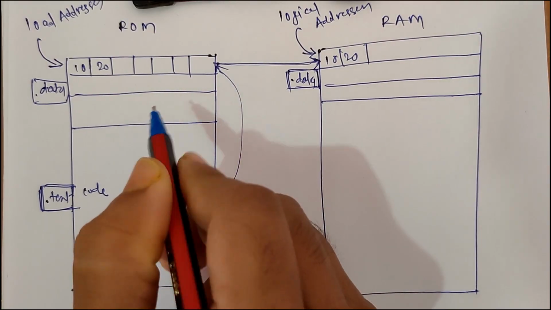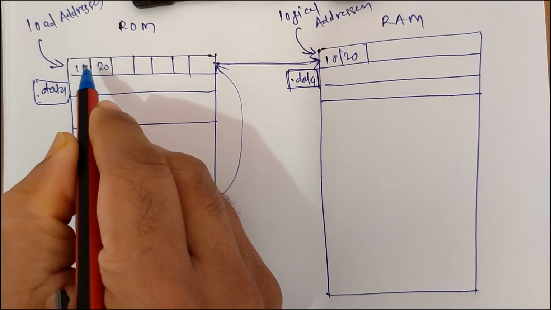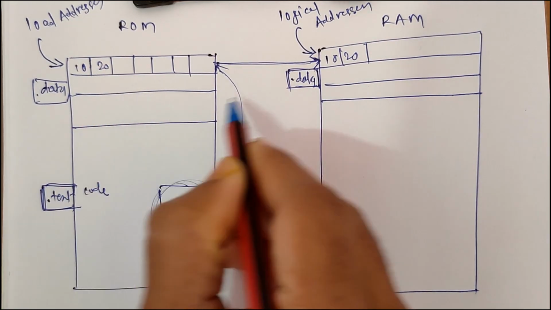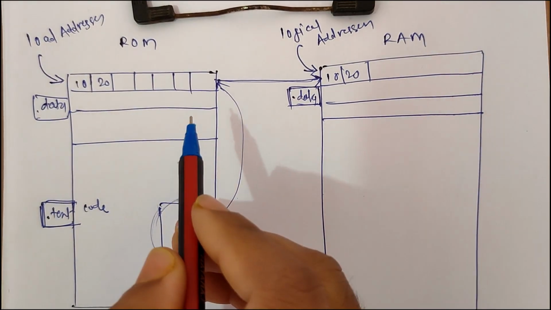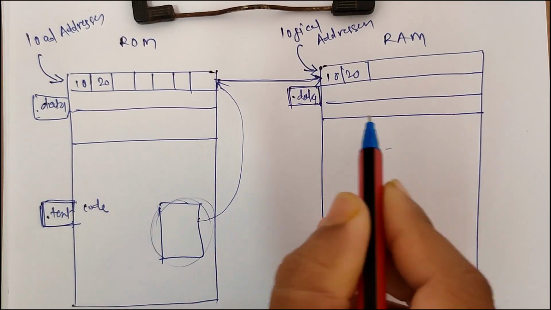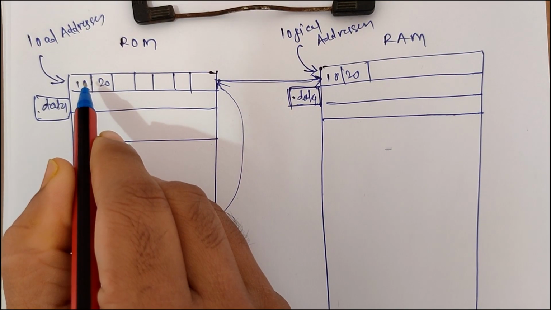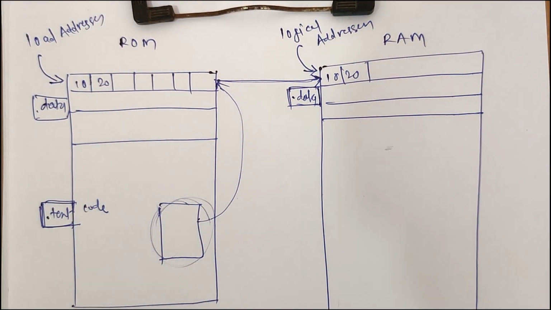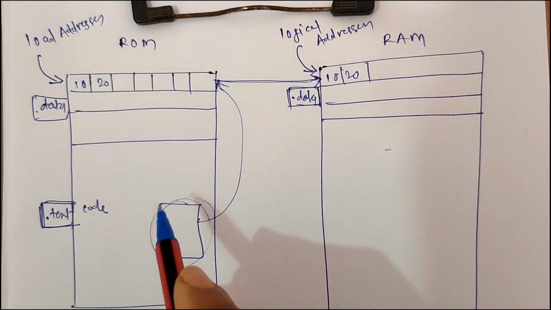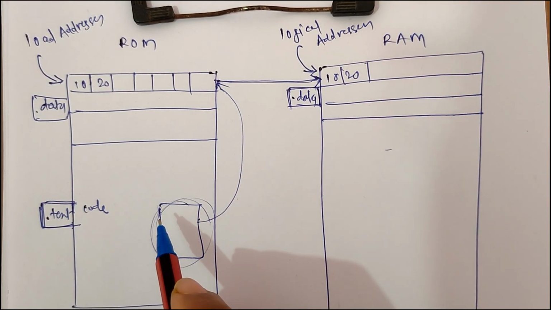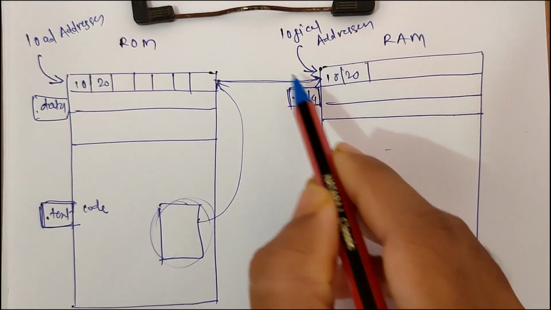So the code makes reference to the globally initialized variables with their logical addresses. You can imagine two places where the value of x or any global variable exists, ROM and RAM, but the code will always use the addresses pointing to the RAM, the logical addresses.